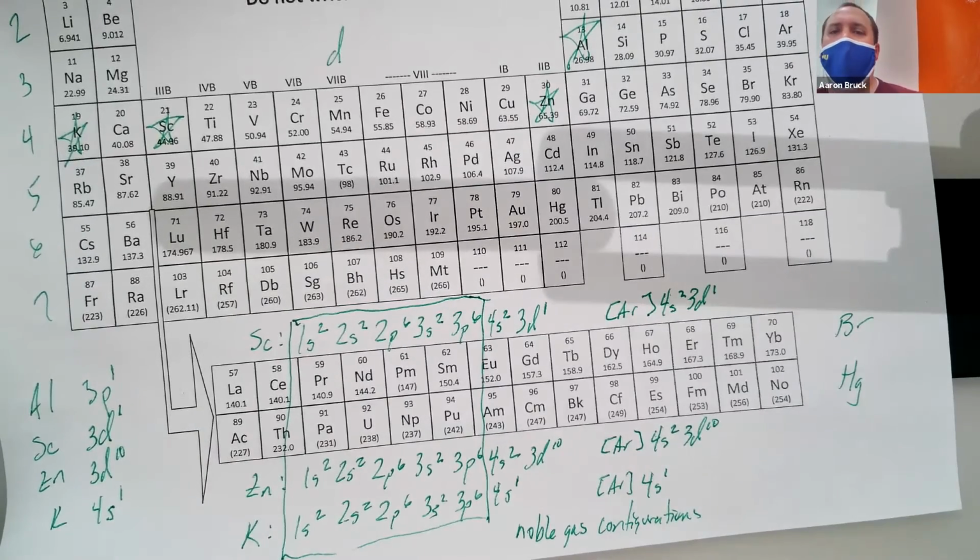So one of the ways that we can get around this, especially as we get into elements that are further down the periodic table, one of the things that we'll get into a lot is how do we make it easier? How do we shorthand it so that we don't have to write out all those configurations?